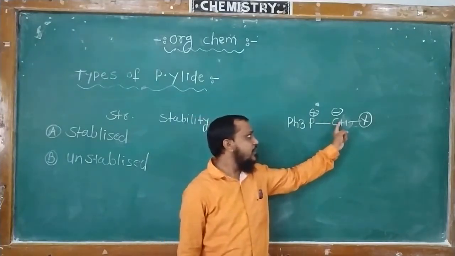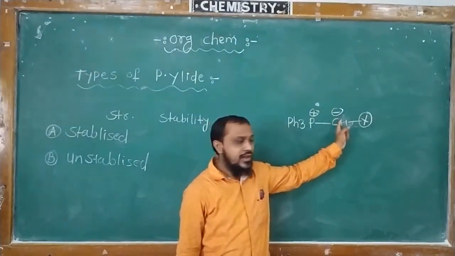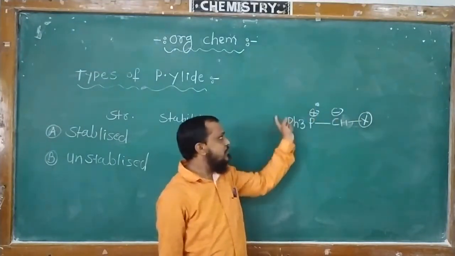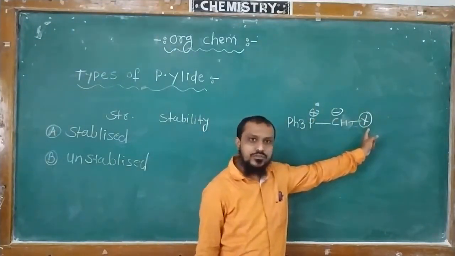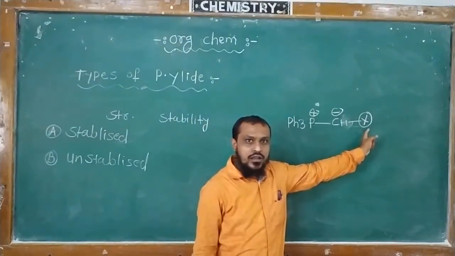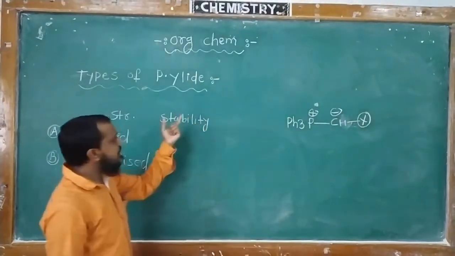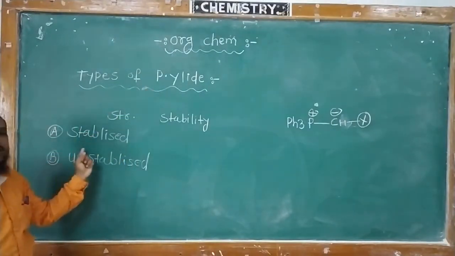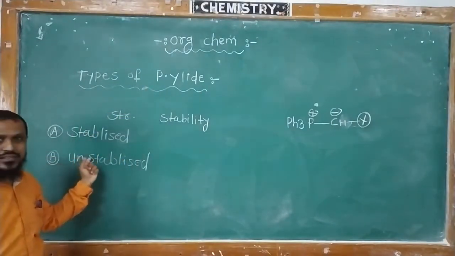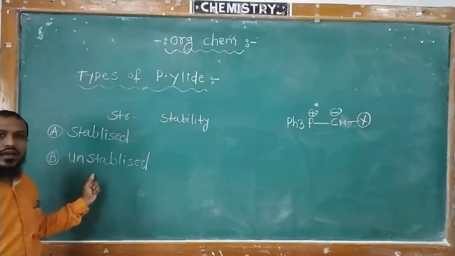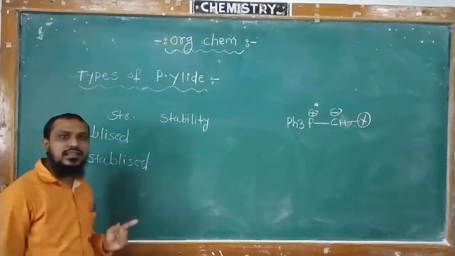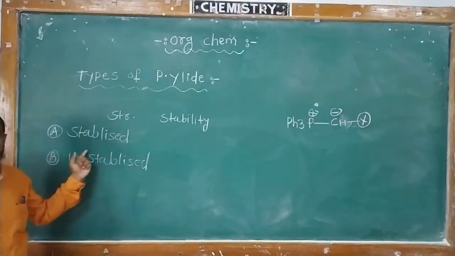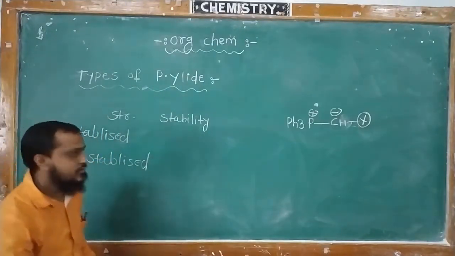Here this carbon acts as a nucleophile and it is attached with the X group. So the stability will depend upon this X group. And on the basis of stability and structure, phosphorus Ylide are of two types: stabilized phosphorus Ylide and unstabilized phosphorus Ylide. We will see both the types one by one.